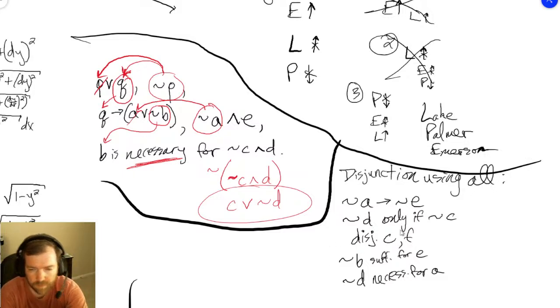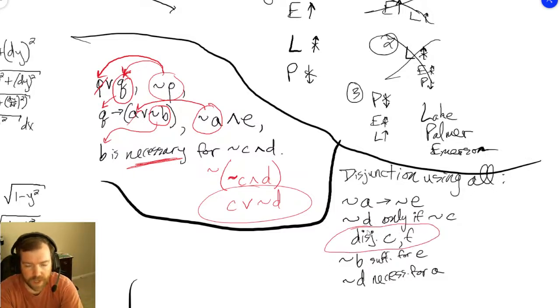Yeah. So we have a disjunction of C and F. We could also potentially work our way backwards from this one and say not E can only be implied from not A. A has to come from not D. D has to come from not C. And therefore, yeah, okay.